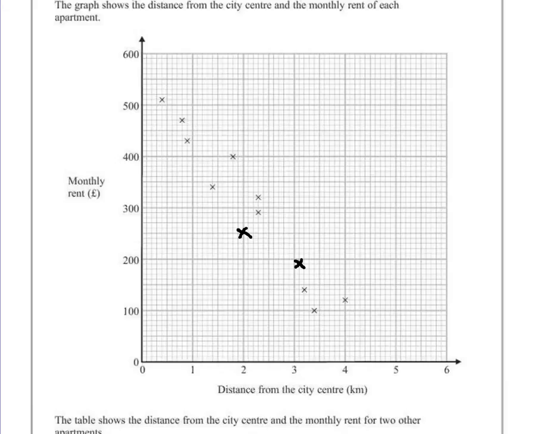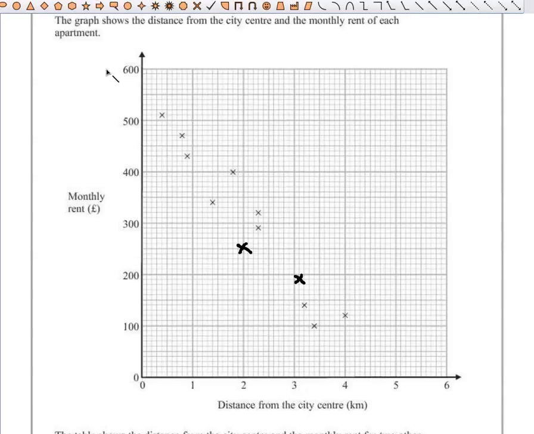Now, on any scattergraph, it's always a good idea if you draw a line of best fit. This doesn't have to be completely accurate as long as it roughly goes through as many of the points as possible so that you can use it to predict missing values. Now we wanted to find an estimate for 2.8 kilometres.